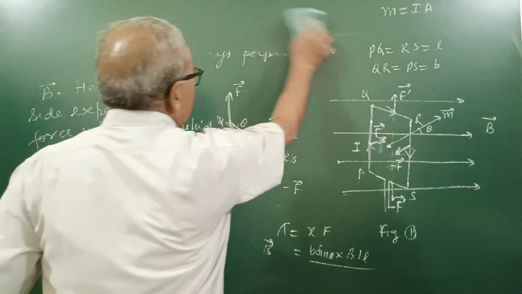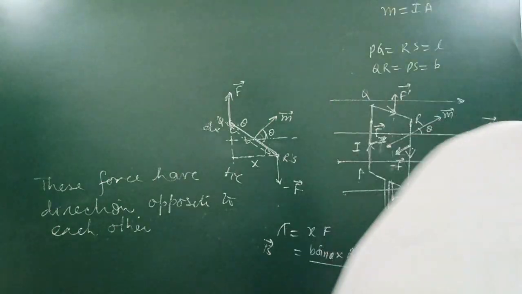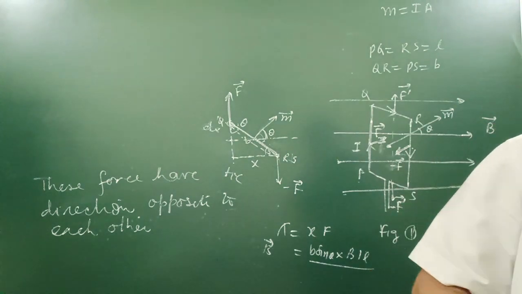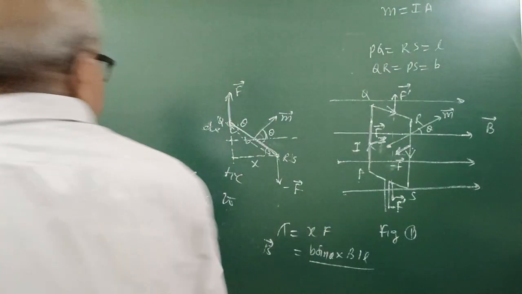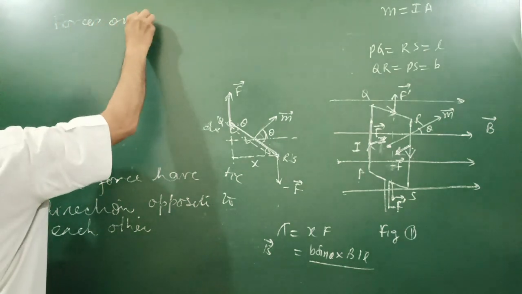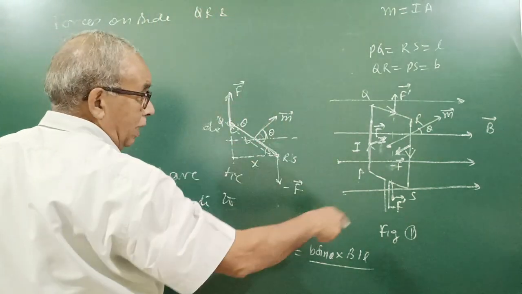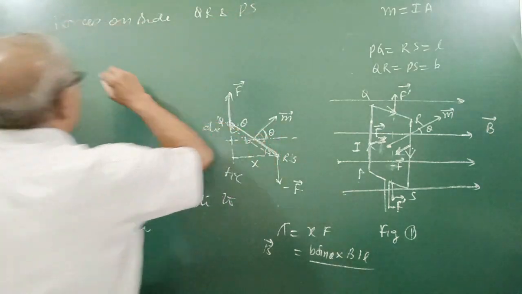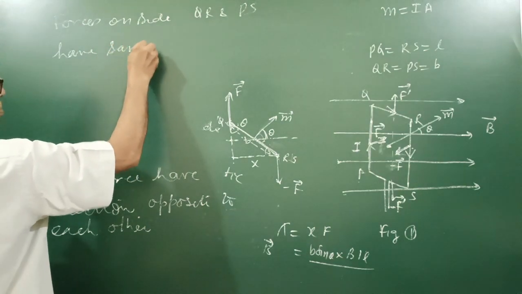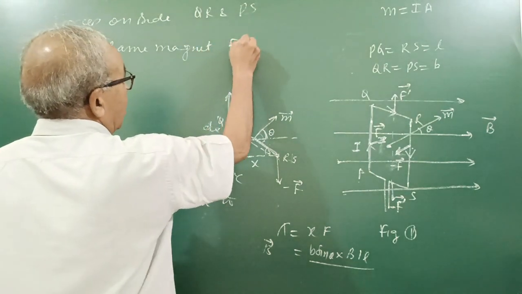Now forces on sides QR and PS have same magnitude, and that will be F dash magnitude.